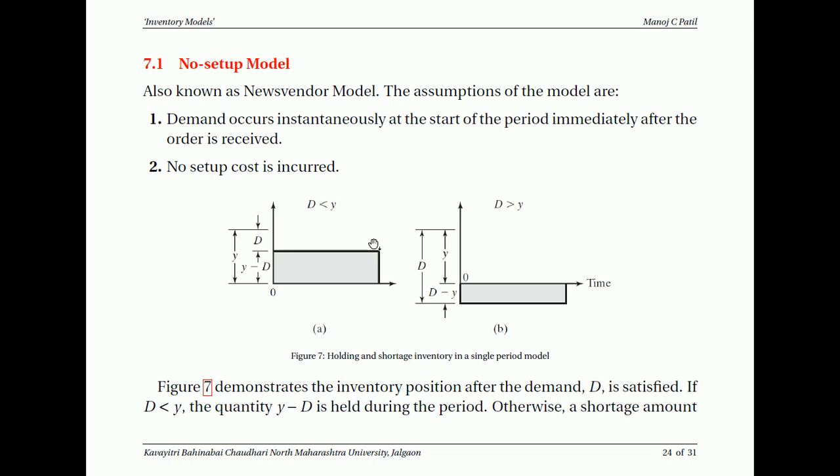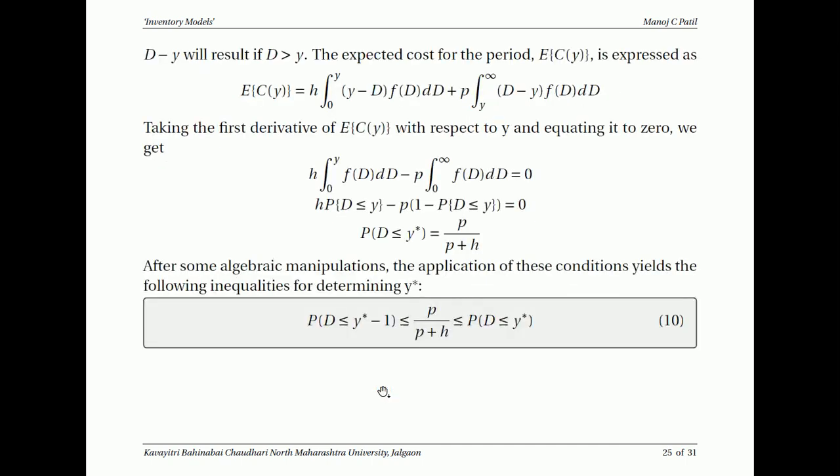In the other case, suppose the inventory y is less than the demand, then d minus y is the shortage, and for that shortage he has to pay a penalty. That is the model for the single period model. Here there is no setup cost. Observe this. We will move on.